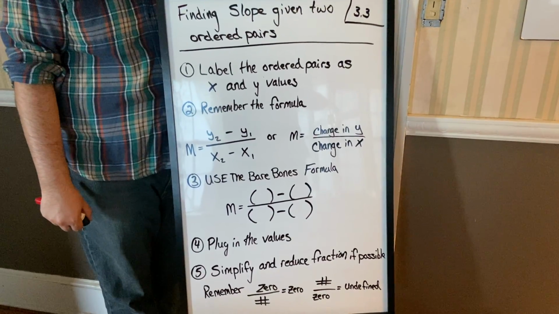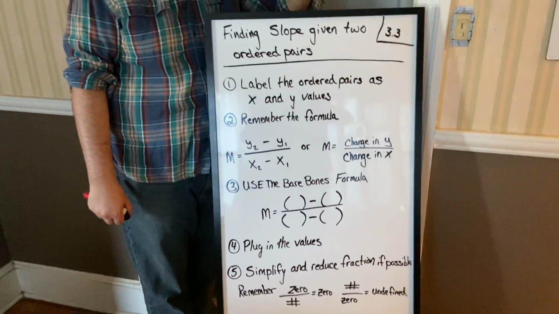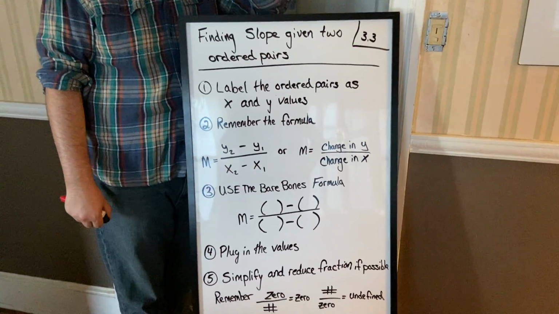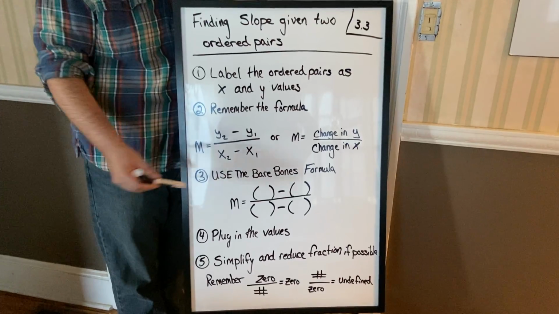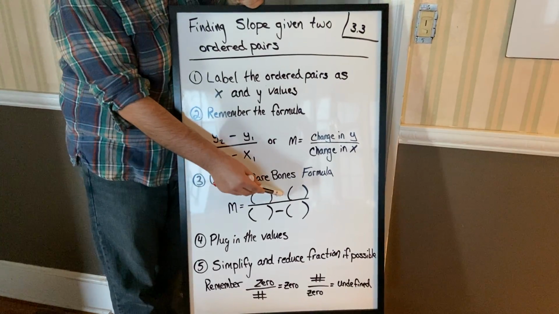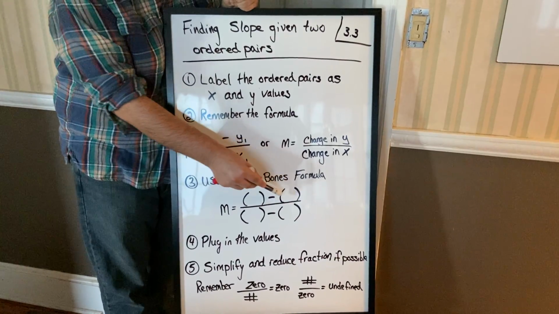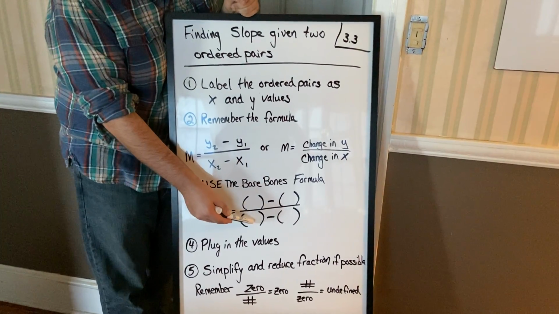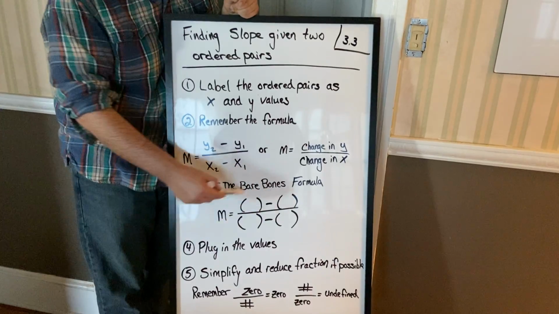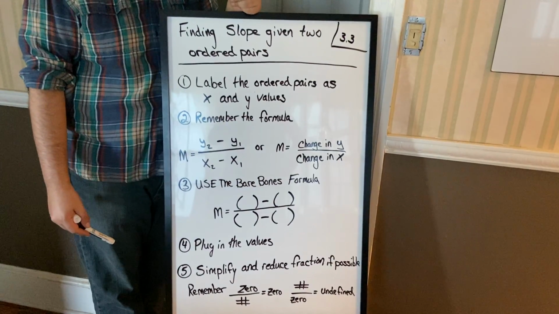So if you had subtract -2 minus a -5, you would have so many negatives you might lose them. So if you just do parentheses minus parentheses, your first y and your second y, and you subtract the 2, and at the bottom your x's, then this way you're not going to lose a negative sign.